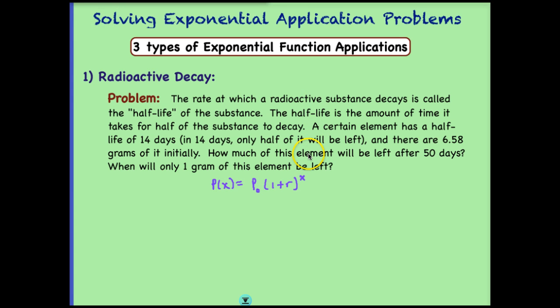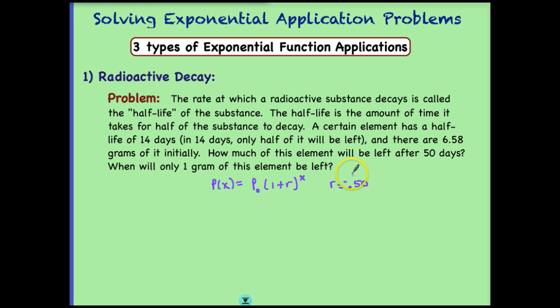Now, if we realize that since we are losing half of the amount of the element each half-life, then we know that our R value in this case, since we're losing, has to be a negative 0.5 or minus 50%. If we want X to represent the number of days, basically, we will have to modify our exponent to represent how many half-lives are in each day.